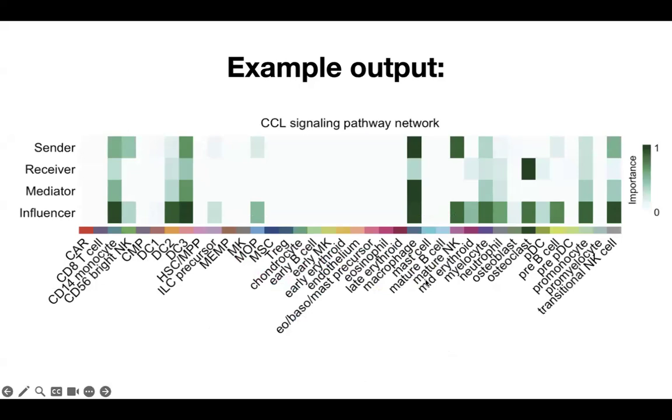And you can also get heat maps from CellChat, which is really, really helpful. This is one of my favorite plots that you can make with CellChat. It's really, really informative because it can tell you, within this signaling pathway, which cell types are most likely a sender, a receiver, a mediator, or an influencer.